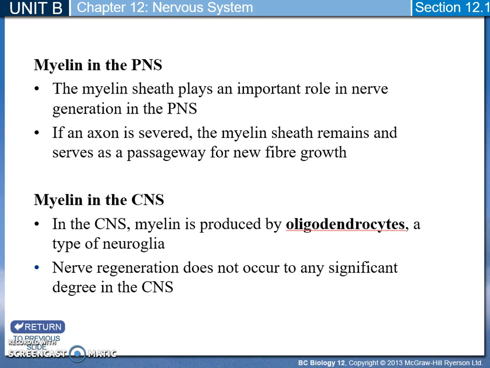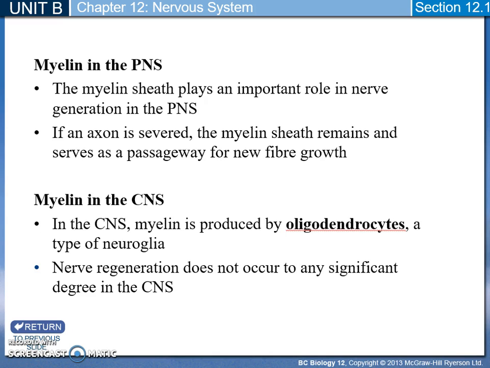The myelin sheath in the peripheral nervous system plays a very important role in nerve regeneration in the peripheral nervous system. If an axon is severed, the myelin sheath remains and serves as a passageway for new axon fiber growth. So the peripheral nerves can repair themselves, provided there's not too much damage done to them.